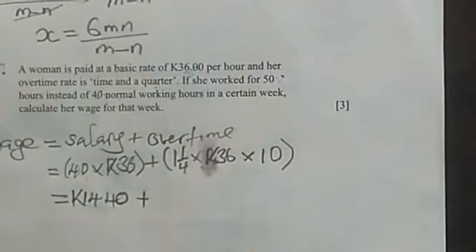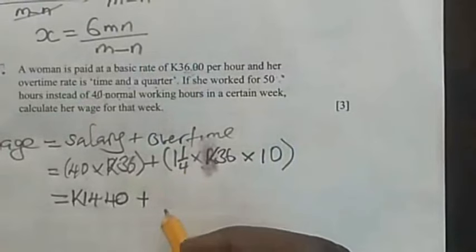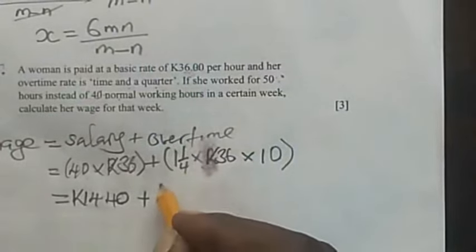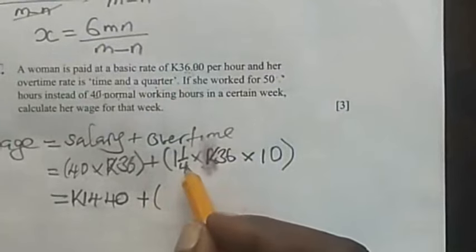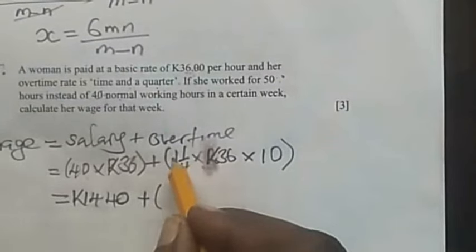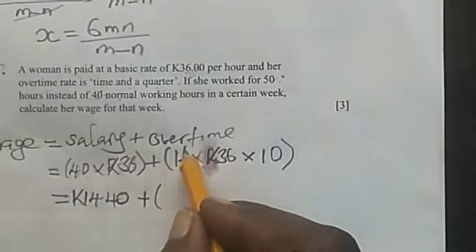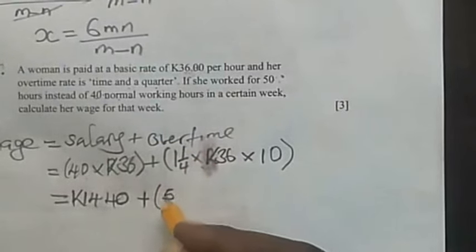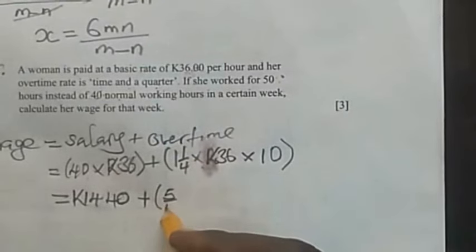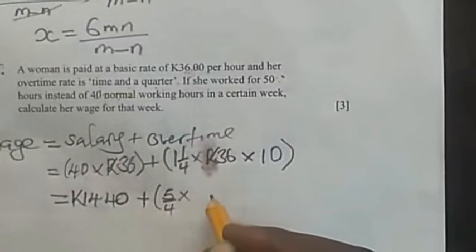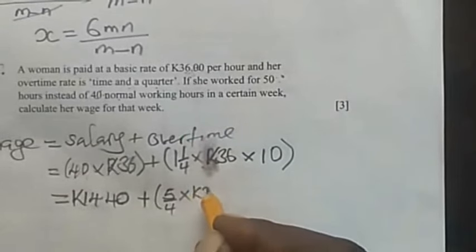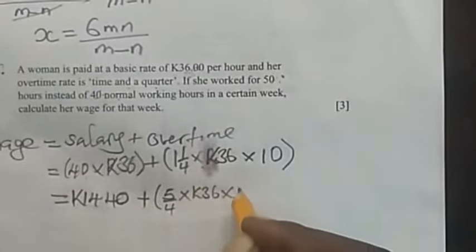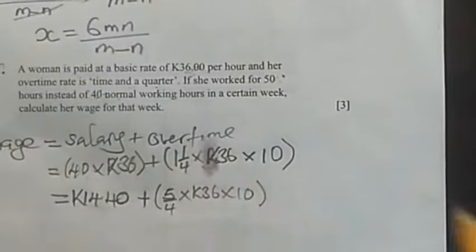Then we can change this mixed number to an improper fraction. We multiply 4 by 1 to give 4, plus 1 gives 5, over the same denominator, which is 4. Then multiplied by 36 kwacha times 10. I hope you are not getting confused.